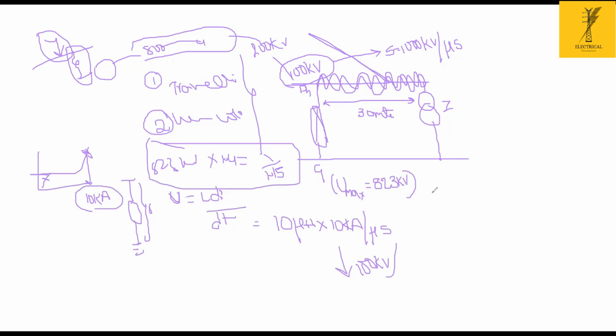What do you mean by line discharge class? In the market we can find classes of lightning arrestor: class 1, class 2, class 3, class 4, class 5. These classes tell us the energy absorption capability of the lightning arrestor when it is passing 10 kiloamps of current through it.